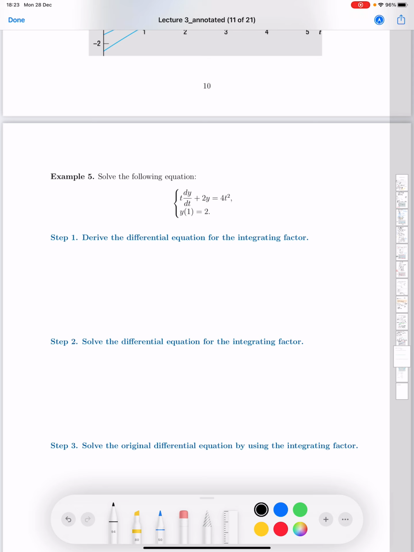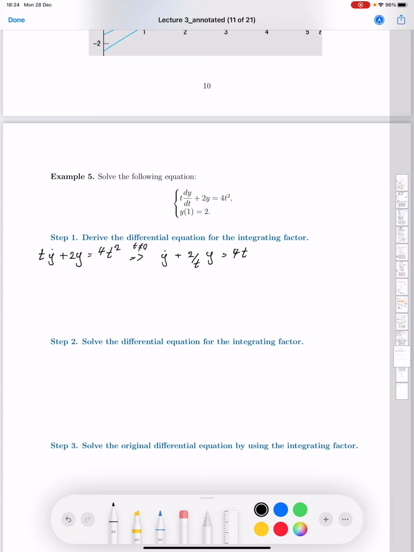But let me just first do what I suggested. So the equation we have is t y dot plus 2 times y equals 4t squared. Okay, so if I divide by t, with the assumption that t is not 0, then I will get y dot plus 2 divided by t times y equals 4t.